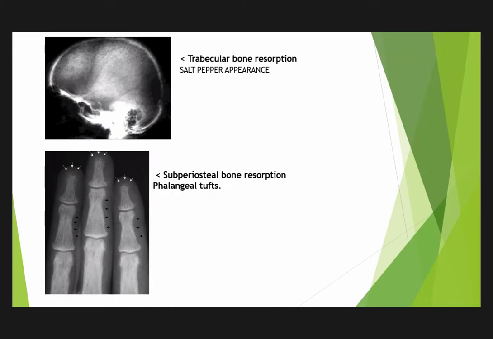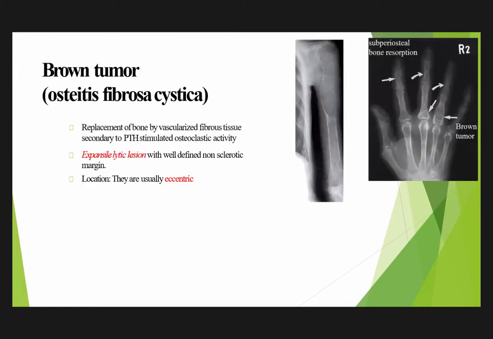Sometimes if the level of PTH is very high, resorption will be critical, osteoporosis transformed to osteomalacia. We call this a specific change in bones due to hyperparathyroidism. It is called brown tumor, but it is absolutely not a tumor. It's just a name of this symptom.